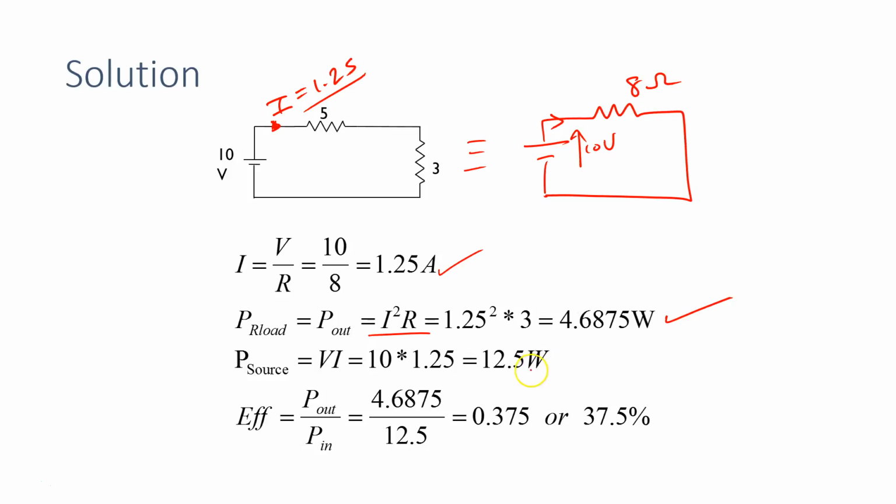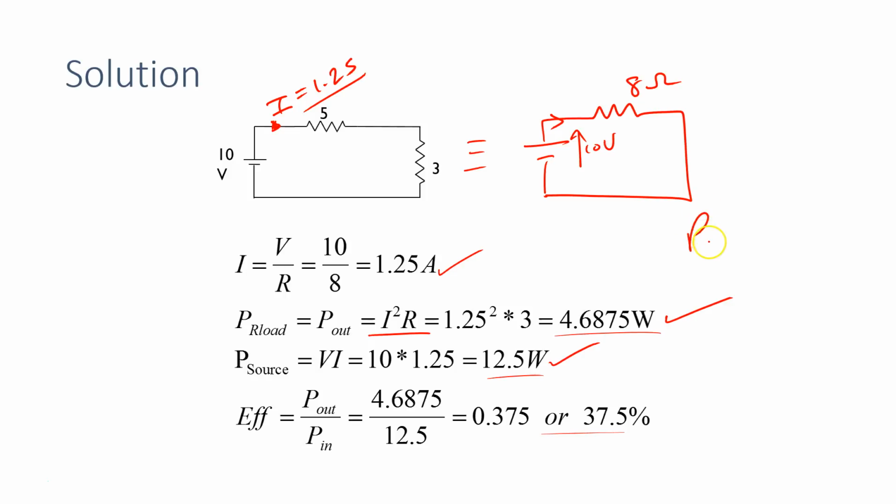The power from the source is 10 volts multiplied by I, P is equal to VI, which is 12.5 watts. So now we could find the efficiency, P out on P in, which is 4.6875 over 12.5, which is 37.5% efficient.